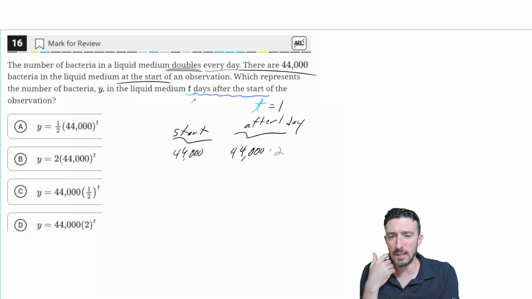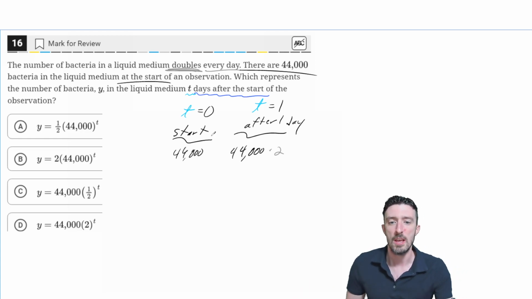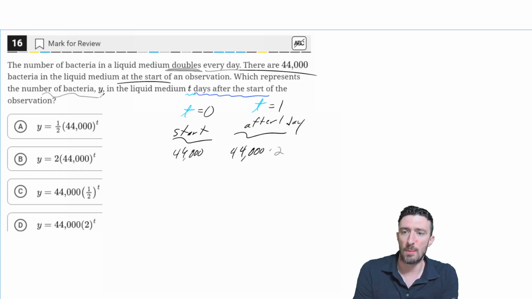But also, at the start, that would mean T would equal, wait a second, how many days after the start? 0! So that means when T is equal to 0, Y, which is the number of bacteria, should equal 44,000. So let me just write that down for y'all. When T is equal to 0, Y is equal to 44,000.